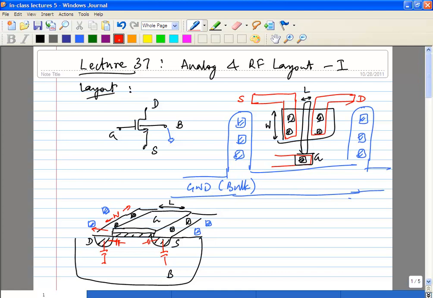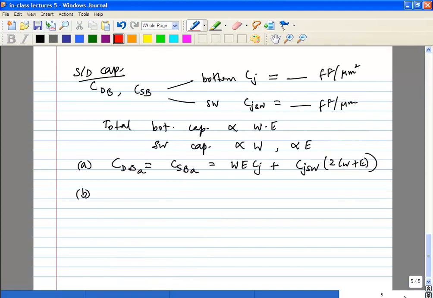So you have a component W here, that's the width, and then a component here and a component there. Those are the four sides. This side is proportional to E, and that side is proportional to E. So you're going to have 2 times W and 2 times E. How about the second case?